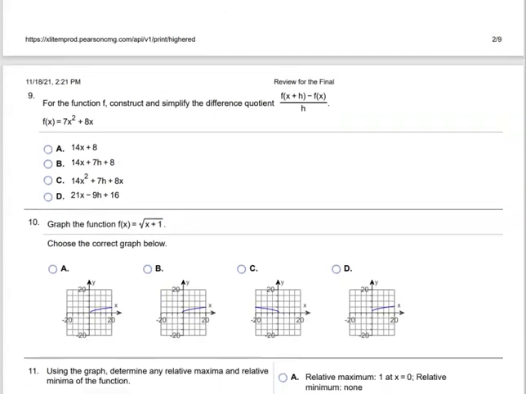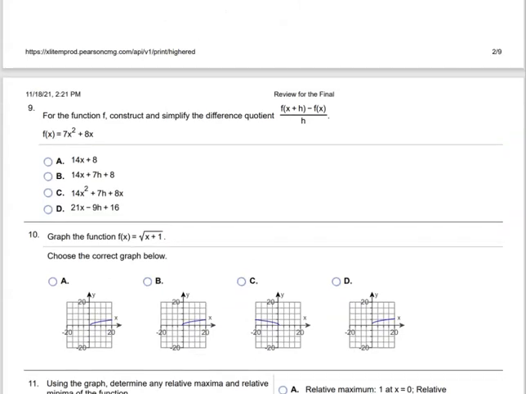Number 9, for the function f, construct and simplify the difference quotient. Okay, we've got 7x squared plus 8x. In this problem, what we're wanting to do is plug it in here. So really quickly, I'm going to write down the minus that came from right here.